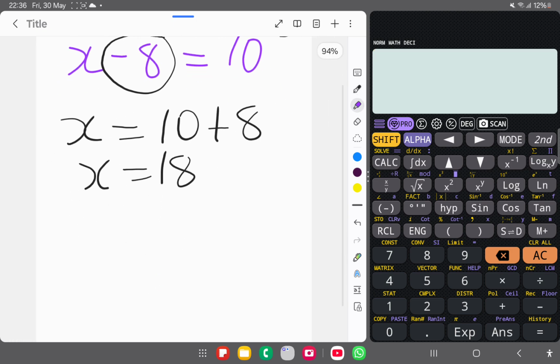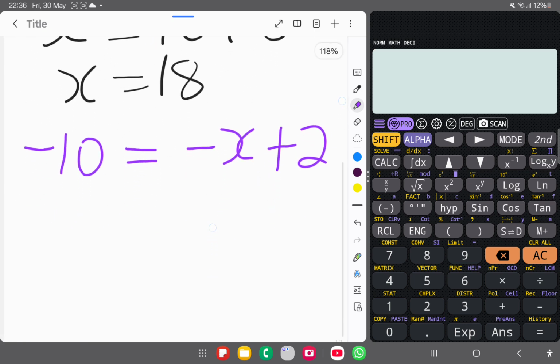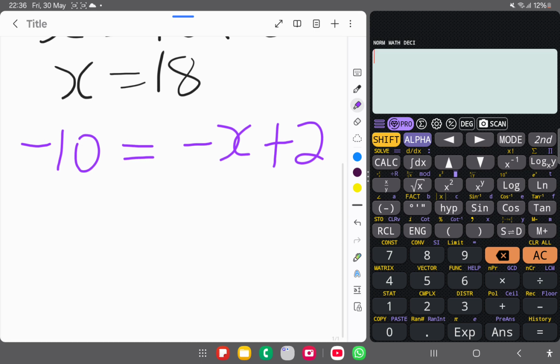Now let's say, for instance, you've got minus 10 equals minus x plus 2, something like this. Something more complex. Now what you do here is transpose this to the other side. It doesn't matter where the x is.